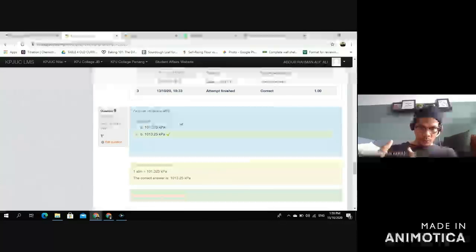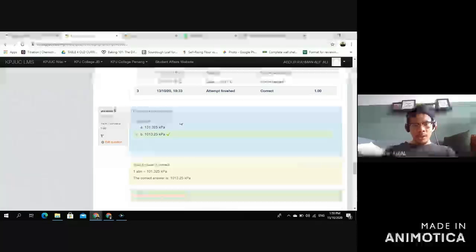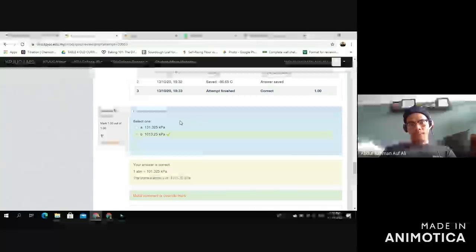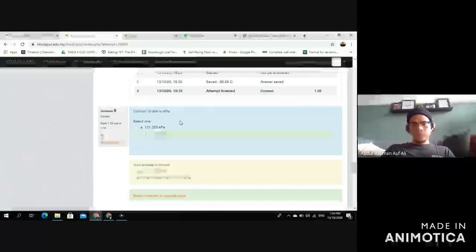You must know that 1 ATM, 1 atmospheric pressure, equals 101.325 kilopascal. So if you have 10 ATM, you take 101.325 and multiply that with 10. So the right answer is 1013.25 kilopascal.